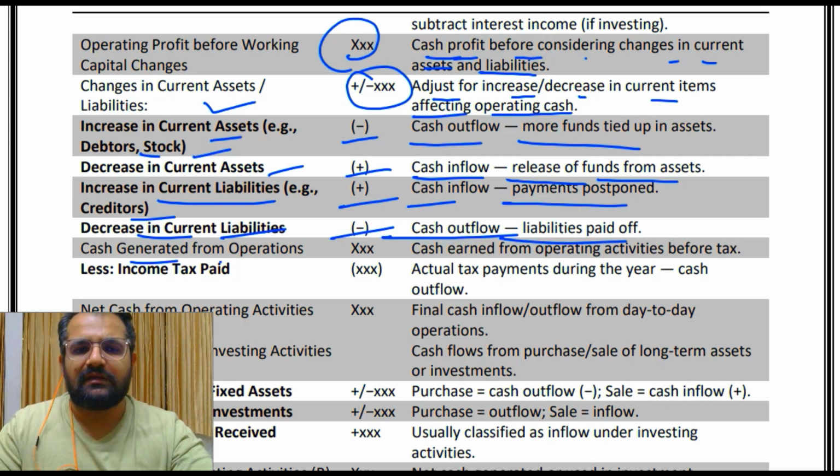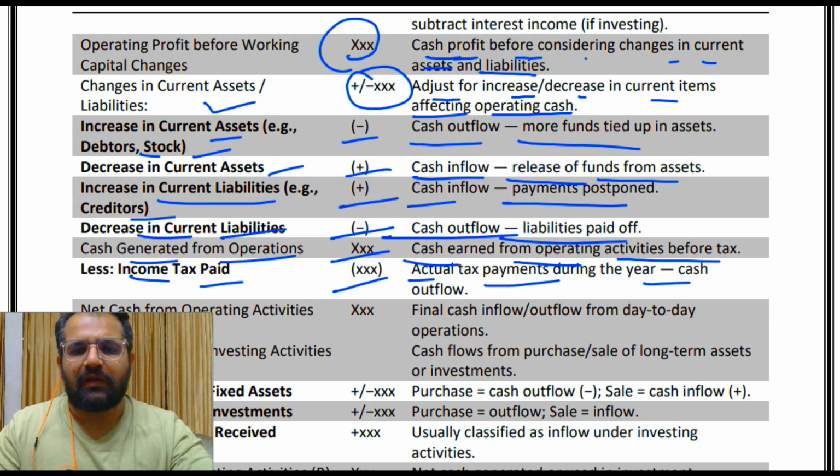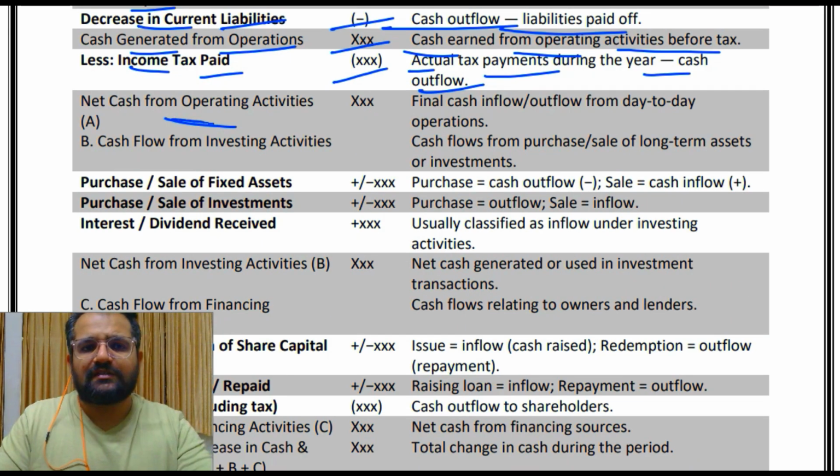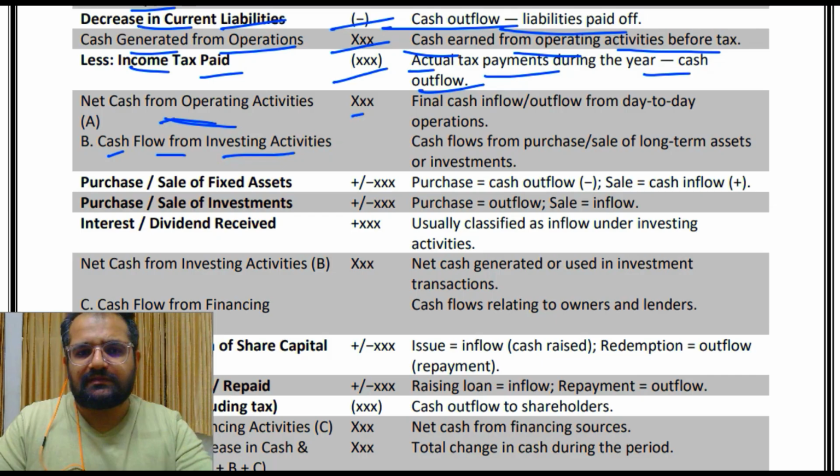Cash generated from operations, some amount: cash earned from operating activities before tax. Less income tax paid, some amount: actual tax paid during the year, minus, cash outflow. Then net cash from operating activities, A. B. Cash flow from investing activities, some amount: cash inflow and outflow from outside day-to-day operations, cash flows from purchase and sale of long-term assets or investments.